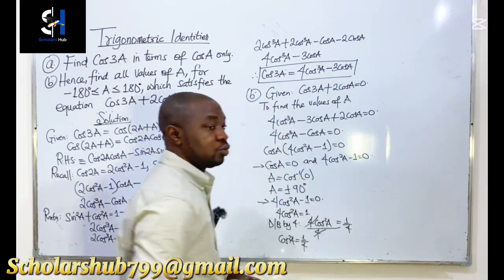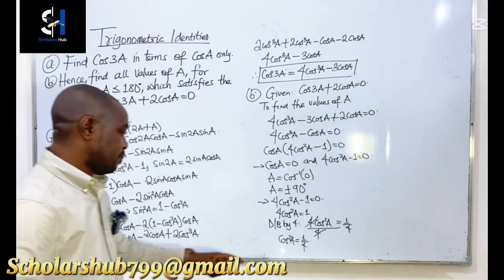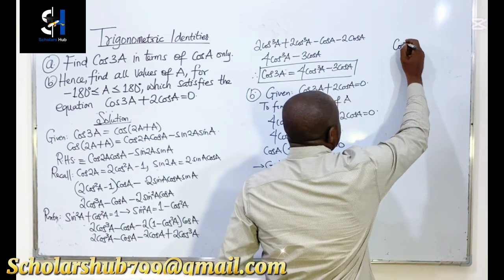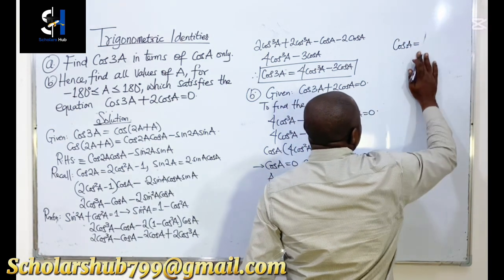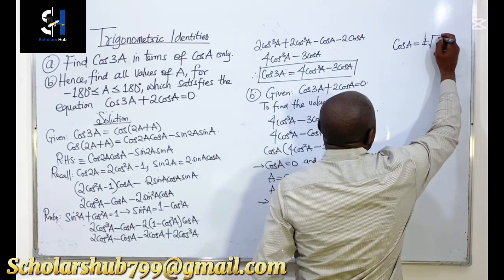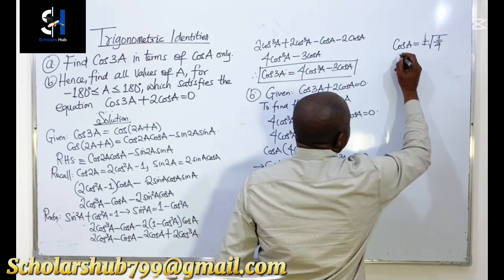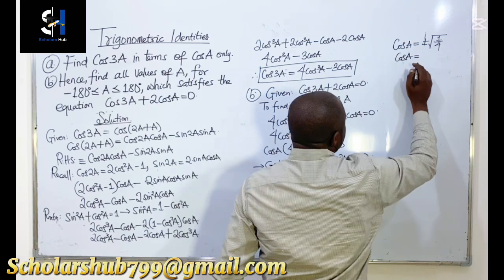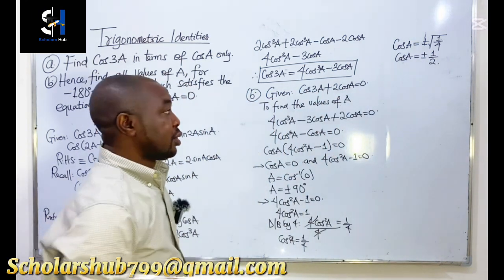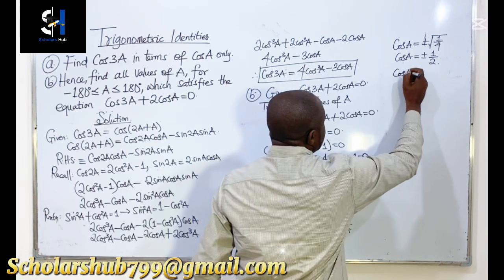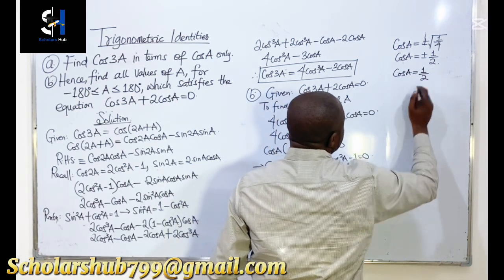So let's get the two other values. Now, first, we know that cosA will be equal to plus or minus the square root of 1 over 4, which is cosA plus or minus 1/2.